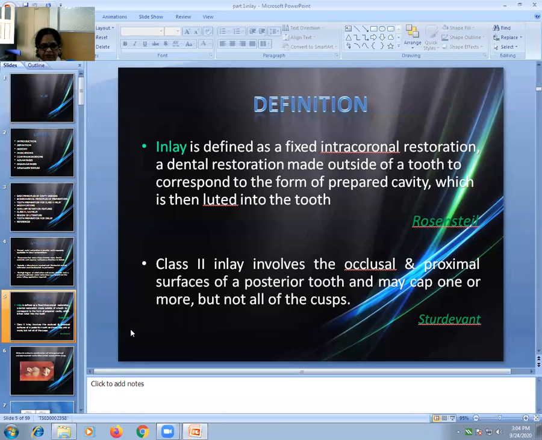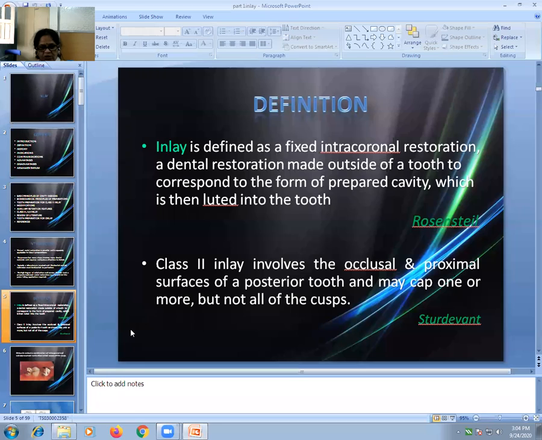When you prepare for the class 2 inlay, you are involving the occlusal and proximal surfaces of the posterior teeth. In this, you may cap one or more cusps, but not all the cusps. In the class 2 amalgam, we are not capping the cusp, but when the destruction is bigger, we have to go for the class 2 inlays.